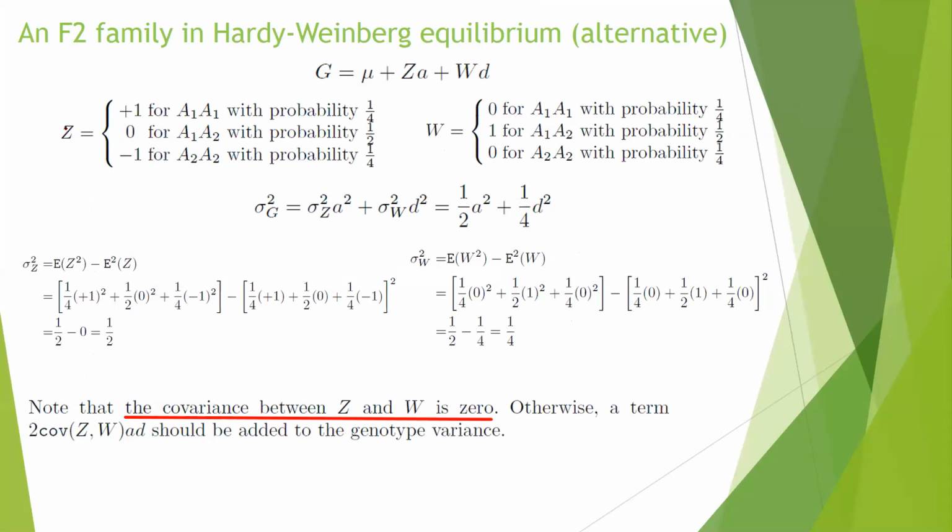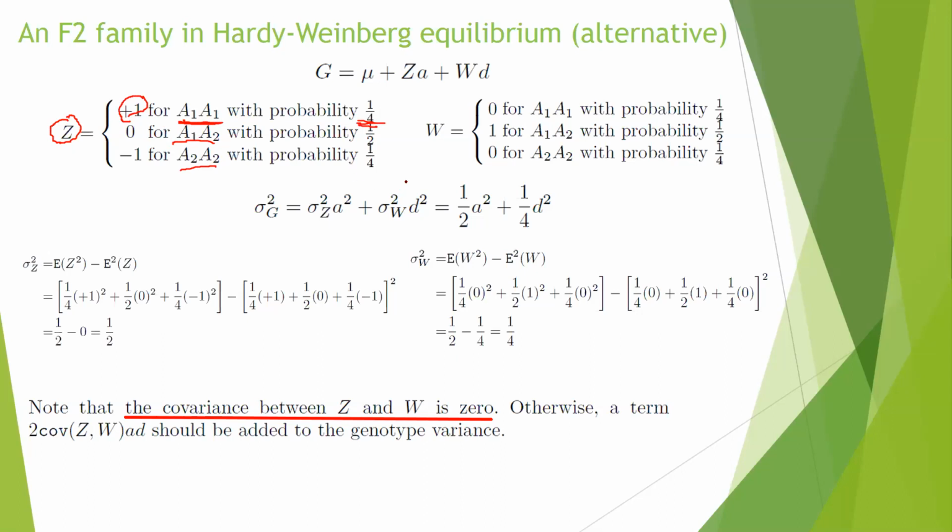Now let's see how we define the first random variable. Remember, Z is a random variable that we would like to use to define the genotype for the additive effects. Look here, because we have three genotypes. If an individual takes the genotype like this, there is an additive effect, so we put a +1 here. This is an F2 population, so the associated probability for this genotype is 1/4.